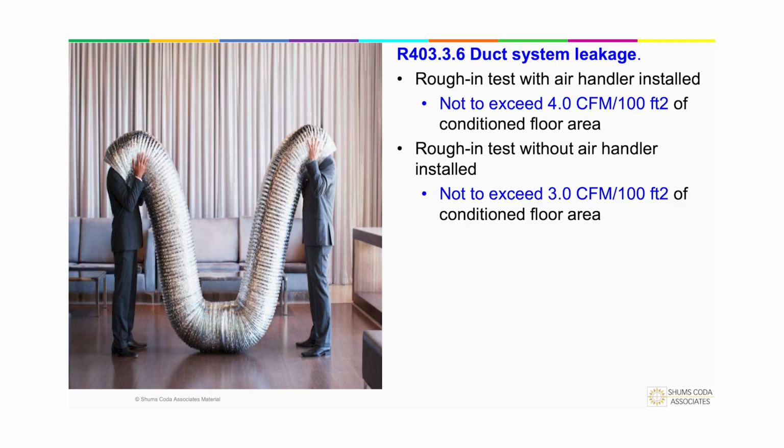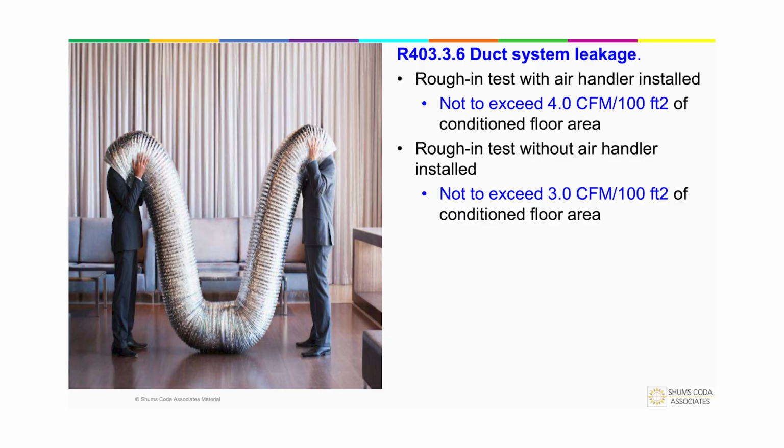Okay, so here's what we have to do. At rough-in, if your air handler is installed, you have to demonstrate that you do not exceed 4.0 CFM per 100 square feet of conditioned floor area.